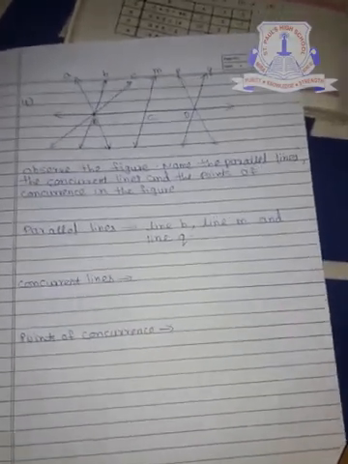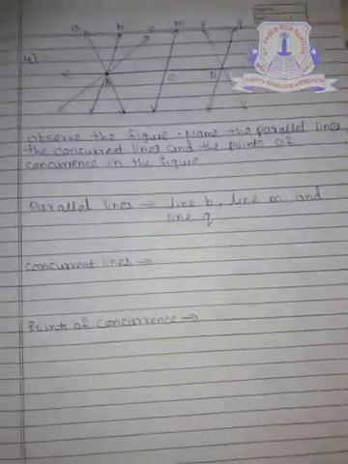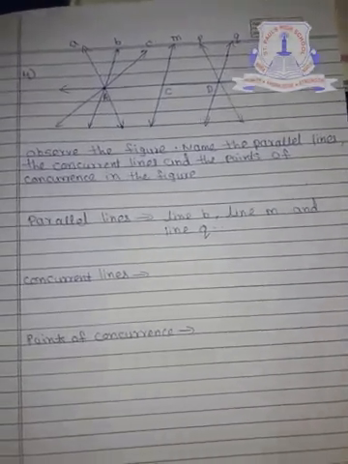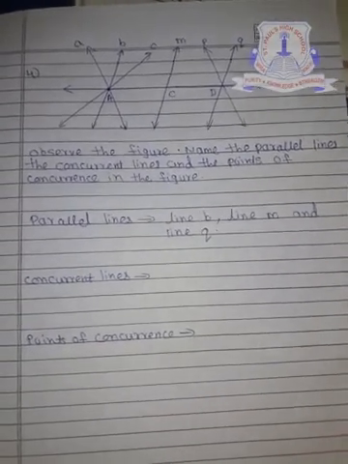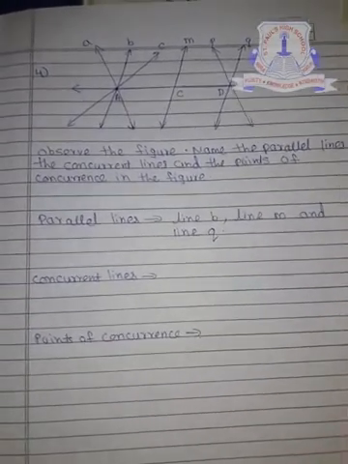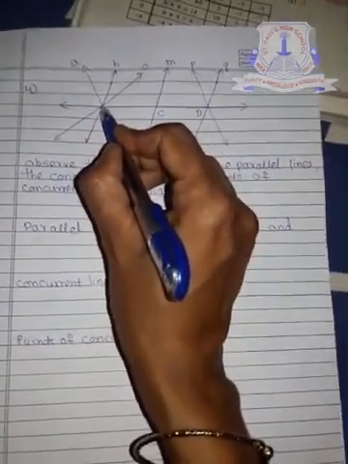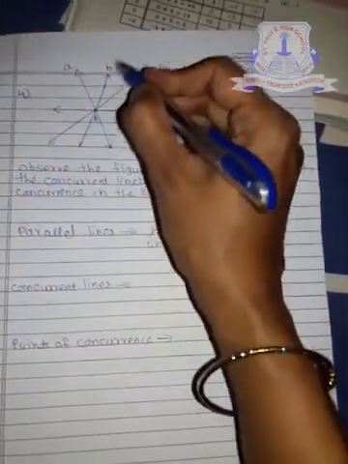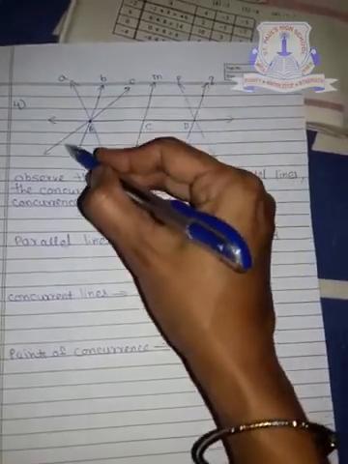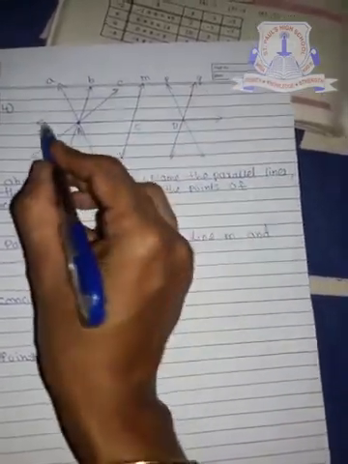Now concurrent lines. What is the definition of concurrent lines? Two or more lines passing through the same point, one common point, are called concurrent lines. So look here, this is a point A. Through this point A, line A, line B, line C and line AD are going to pass.